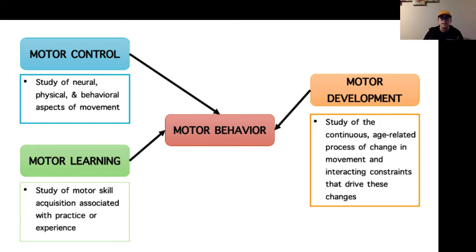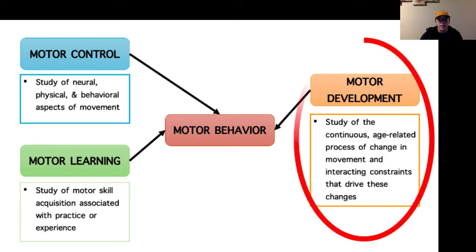We'll look at trends in physical activity, trends in certain body systems and how they progress and then deteriorate over time. So motor development is a continuous process, right? It's also age-related, and these are based on changes that we notice in movement and the interacting constraints that drive those changes. So that's the overarching concept.